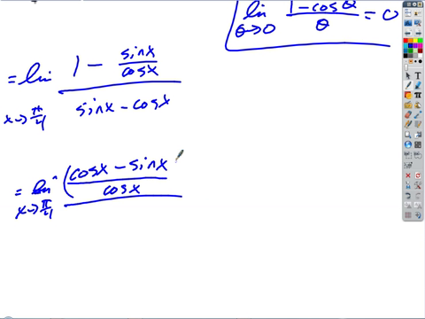So there's our top fraction divided by sine x minus cosine x over 1. Now what? Flip and multiply.